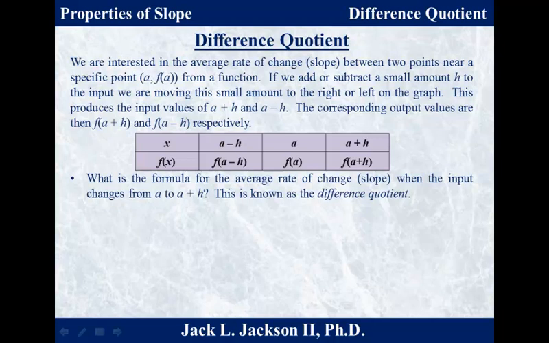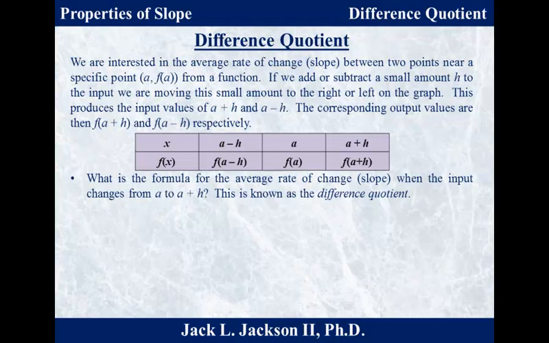So if we sort of formalize this a little bit and put some symbols in here, what we're talking about here is finding some slopes or average rates of change from a table or from a graph or a formula. And let's say we have our formula f of x. Then we could talk about a specific x, let's call it a, and then the y that goes with that would be the specific y, f of a.